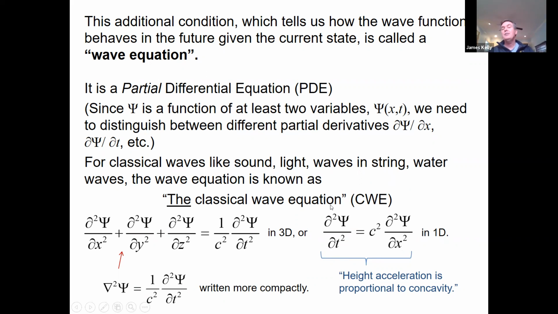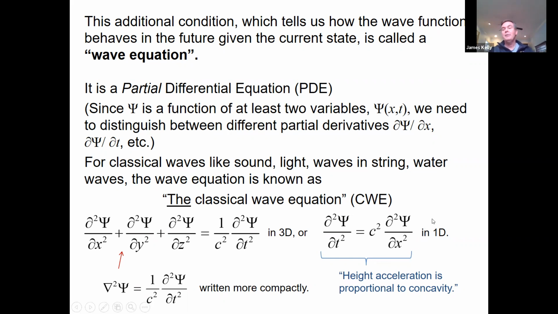So if psi is the position, d psi dt would be the velocity of the height, in other words, the rate at which the height of the string is changing at a particular position. And the second derivative of psi with respect to time is the acceleration along the vertical direction. So at a particular point, d squared psi dt squared is how fast that string is accelerating vertically.